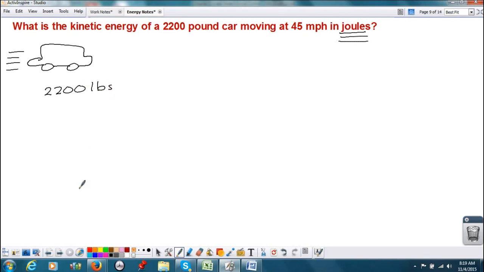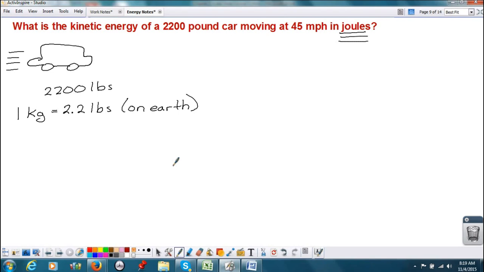We need to convert that to a mass. And we do know that here on Earth, 1 kilogram is approximately 2.2 pounds. If we go to a different planet, that's going to change because the gravitational field constant would change. But on Earth, we can use this for our conversion units.